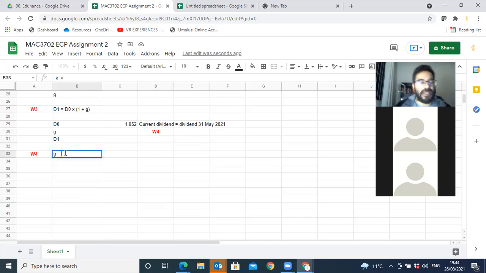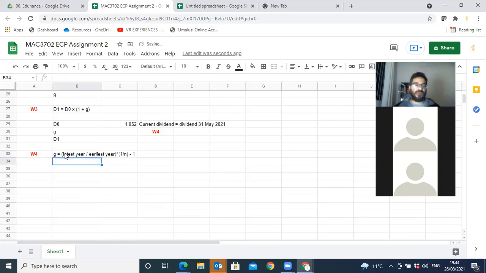It is the latest year, which is 2021, divided by the earliest year, to the power of, the way you do to the power on Excel or Google Sheets, 1 divided by n, the number of years, minus 1.